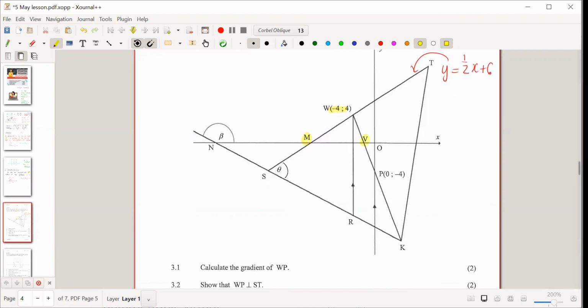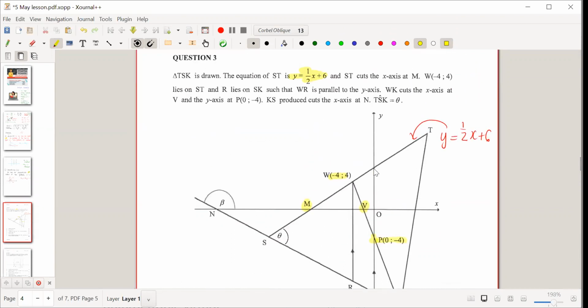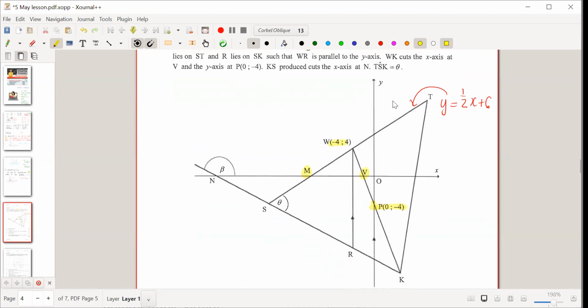We see that that is indeed happening. And KS cuts the x-axis to produce angle TSK, represented by theta. Wonderful. So we see that there. Okay, so this is our picture, and this is what we are going to be going through.